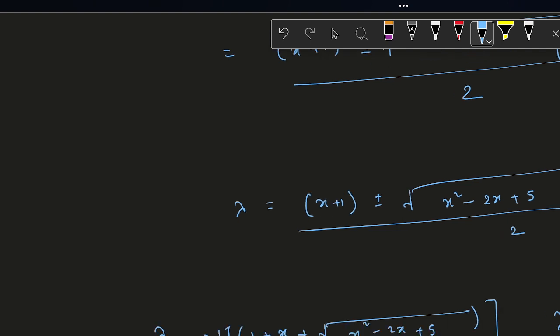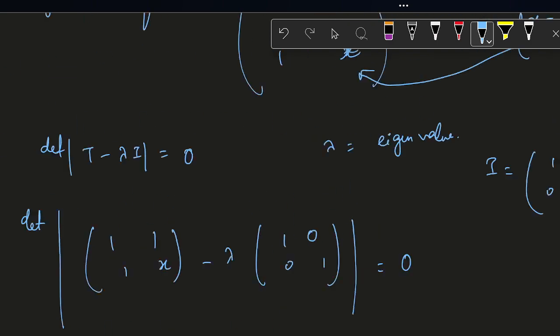So these are your two roots for this problem, and let us match our answer.